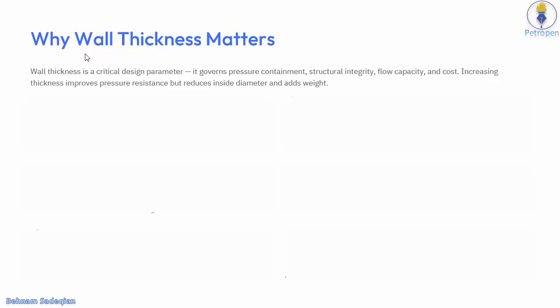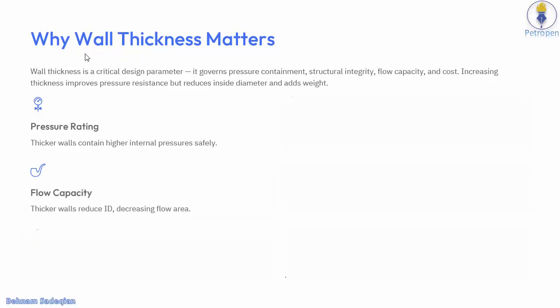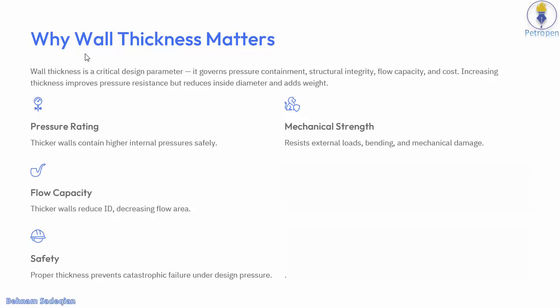A thicker wall generally increases the pipe's pressure rating and mechanical strength. However, it also reduces the inside diameter, making less space available for fluid flow. In addition, increasing wall thickness means using more material, which results in greater weight and higher manufacturing costs.